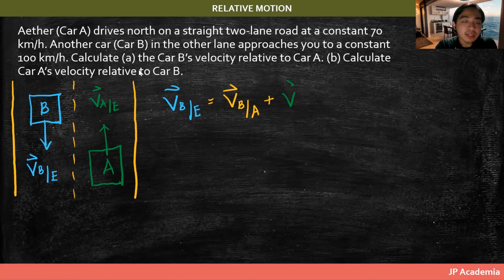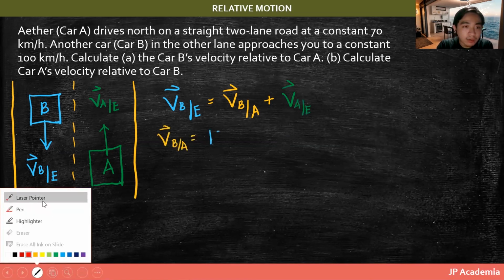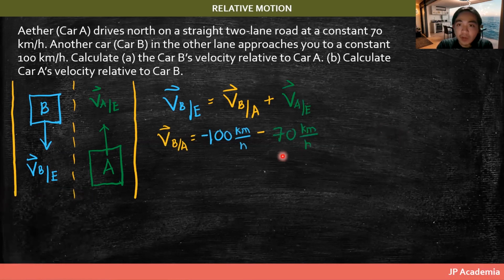So calculate letter A, the car B's velocity relative to car A. So parehas kayong gumagalaw. So relative to car A, ano yung velocity ni car B? Then letter B, calculate car A naman, velocity relative to car B. Okay? So relative sa dalawang gumagalaw na frame of reference na to.